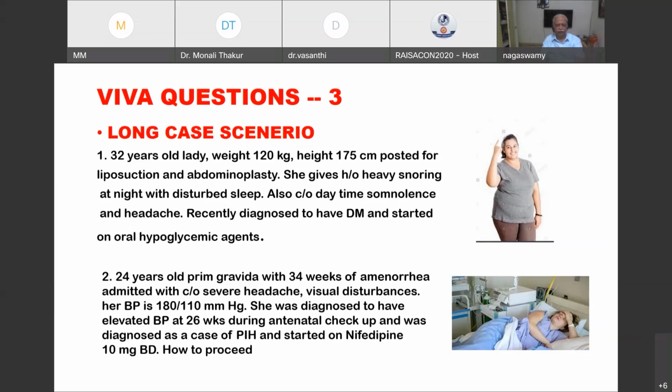What is the difference between these two conditions? So there are totally four classifications. One is that the patient could have been hypertensive before pregnancy. That is called chronic hypertension. Then they develop hypertension after 20 weeks of pregnancy.